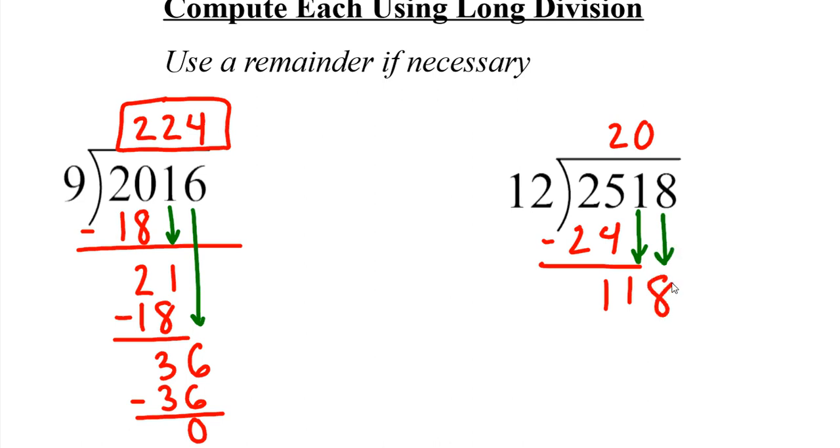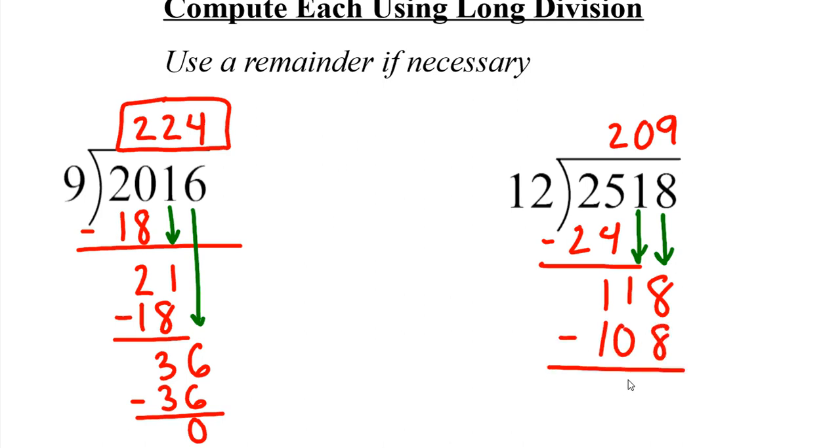How many times does 12 go into 118? So you could do, well, 12 times 10 is 120, so it's got to be less than that. It's got to be a 9. So 12 times 9 is going to end up being, what, 108?